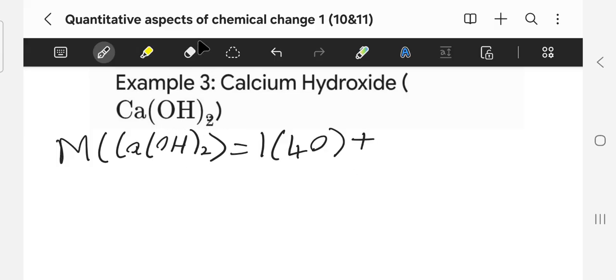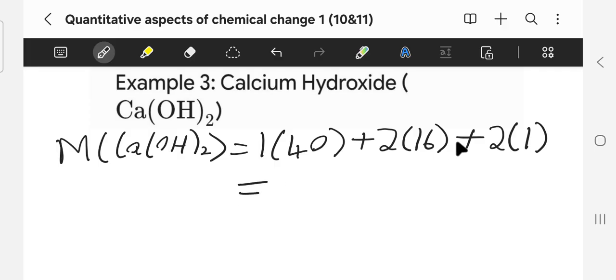plus, now we have a 2 outside here, right? This 2 means we have how many oxygens? We have 2 oxygens. So I'll say 2 times O. That means I have 2 oxygens. So I'll say 2 multiplied by the relative atomic mass of oxygen, which is 16, plus how many hydrogens do I have? I have 2, because I'm saying 2 times H. So I'm going to say 2 in brackets, the relative atomic mass of hydrogen, which is 1.